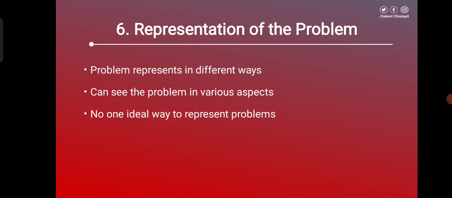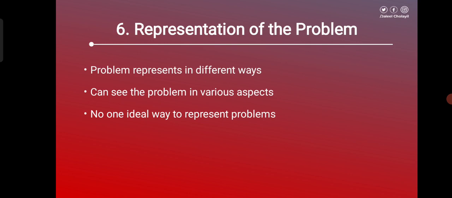This is one of the uncommon methods, but still a huge number of researchers try the representation of the problem method.